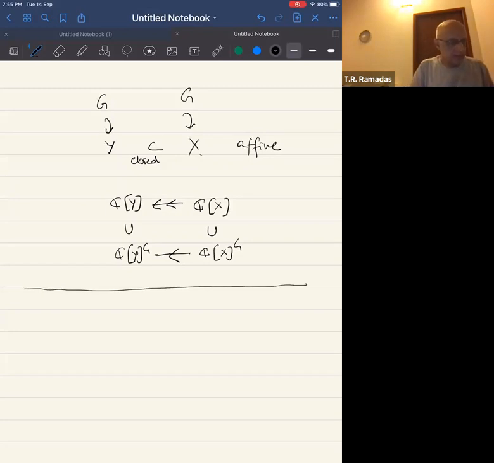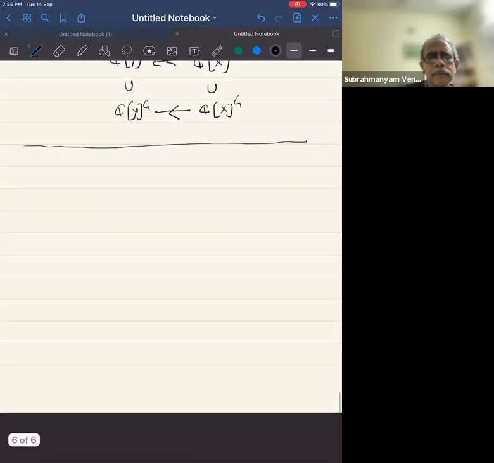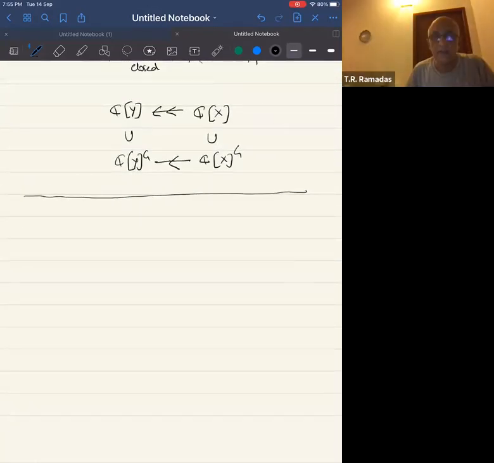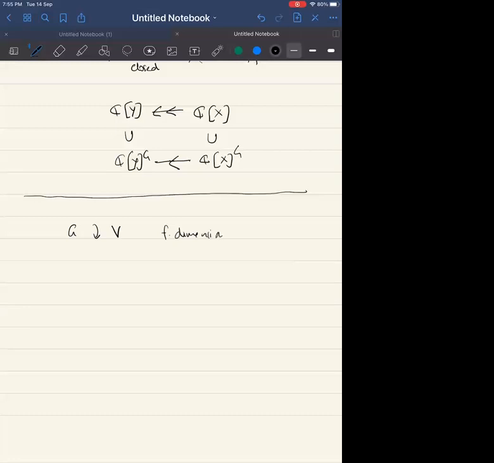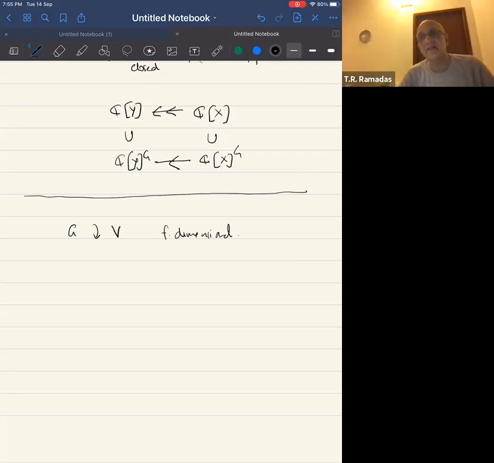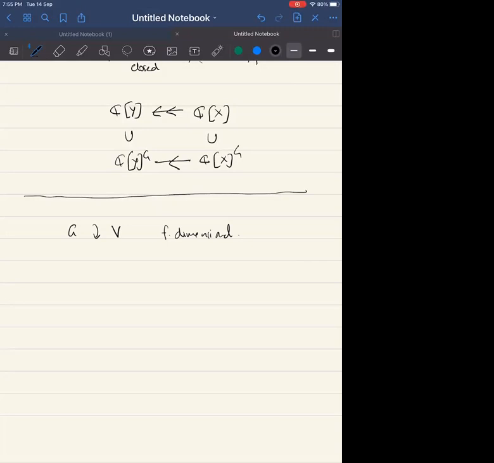Is this second map surjective? That is the point. Linear reductivity ensures that. The first map is surjective because of inclusion, so the second map is also surjective by linear reductivity.